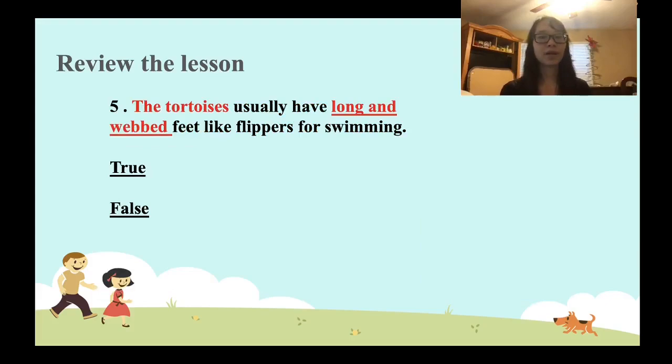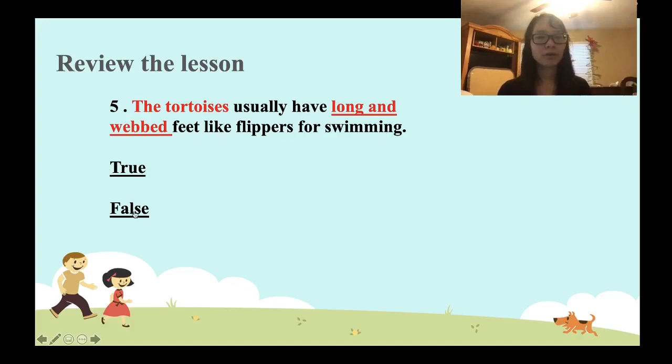For question number 5, tortoises usually have long and webbed feet like flippers for swimming. What do you think about it? No. Tortoises, I remember, have hard and sturdy feet. They cannot swim.